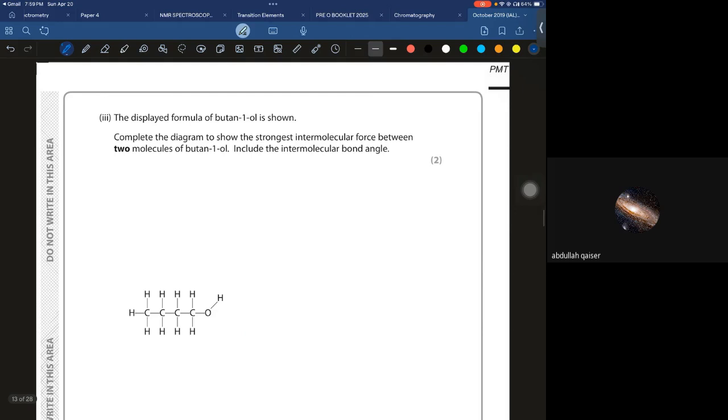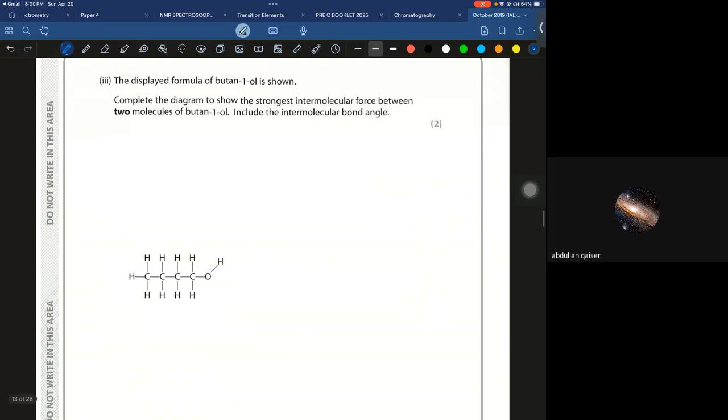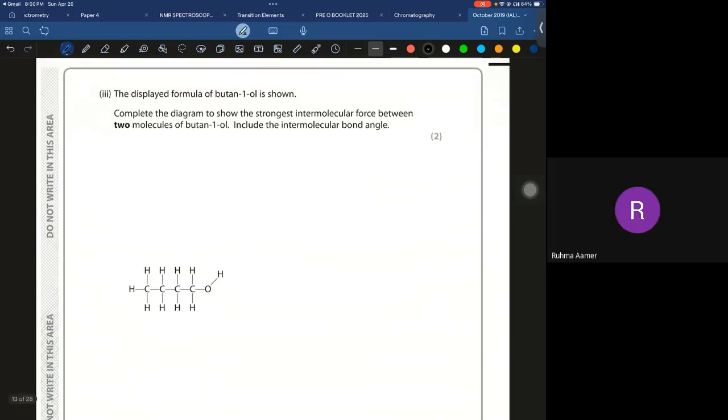The displayed formula of butan-1-ol is shown. Complete the diagram to show the strongest intermolecular force between two molecules of butan-1-ol. Include the intermolecular bond angle. Would it be 104.5? So this is partial positive, right? And this is going to have partial negative. So we have to draw another structure of the same molecule.